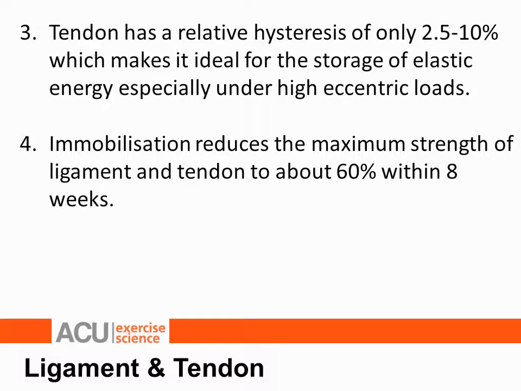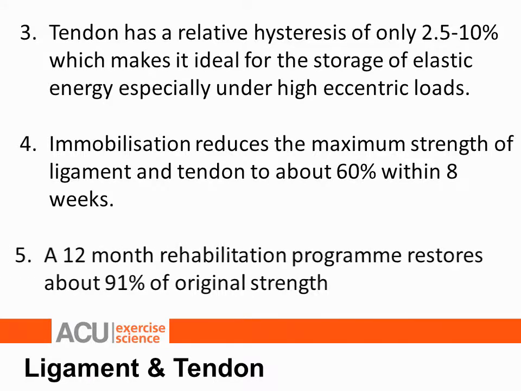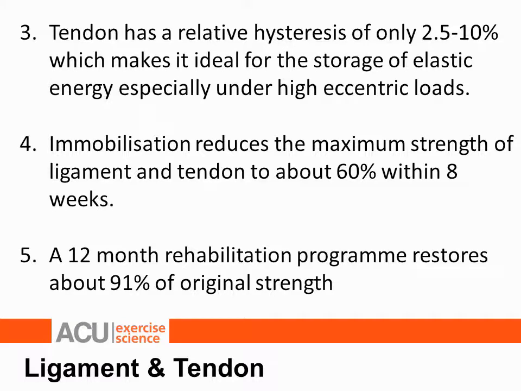Immobilization reduces the maximum strength of tendon, and this can be quite severe, down to about 60% within only 8 weeks, and a 12-month rehabilitation program only restores about 91%. So that is the long period of time it takes for tendons to recover their strength following an immobilization period.